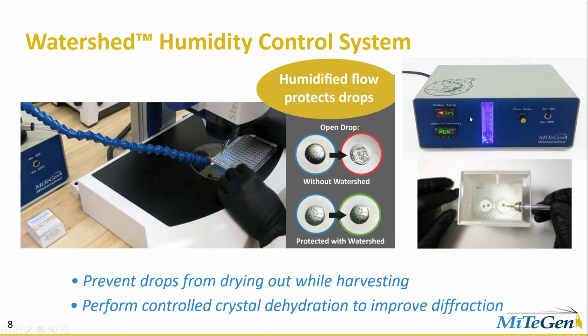This system allows you to program any humidity that you want, and it has two end stations, a nozzle, and an end station like this that takes glass cover slips that provide humidified environments for harvesting and soaking and manipulating your crystals. You can also use the nozzle here or this station to programmably dehydrate your crystals, which can sometimes improve their diffraction.